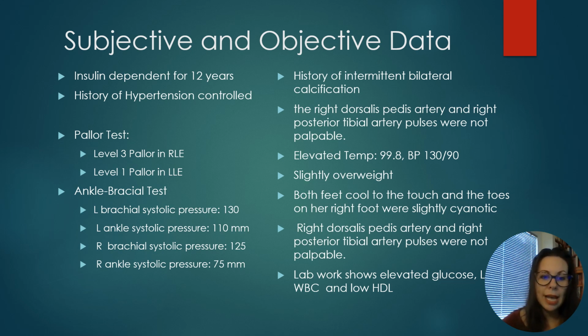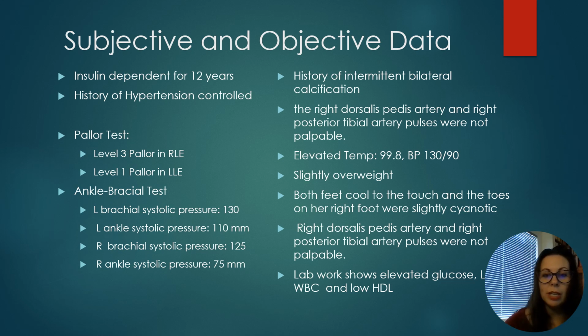For the pallor test, she did have level 3 pallor in her right lower extremity and level 1 pallor in the left lower extremity. She had an ankle brachial test, which you can see the results of there, which are significantly different than her systolic pressure in her arm, which was 130.